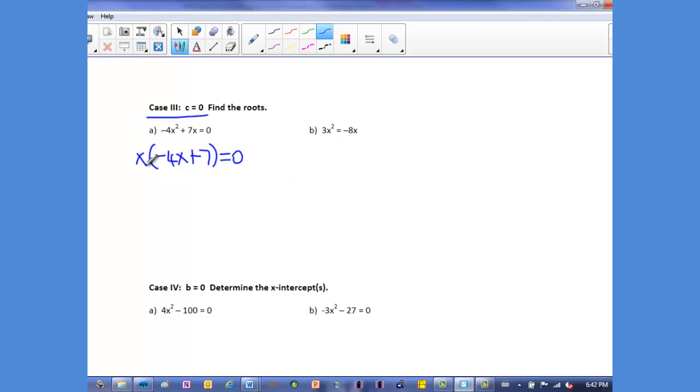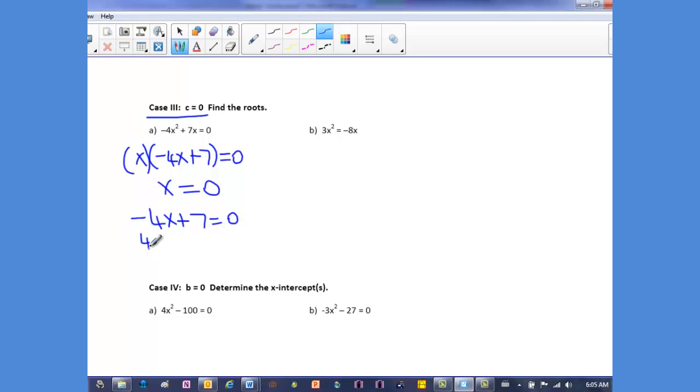Now you can go and set each bracket to a linear relation, and please imagine this x as being its own independent bracket. Let's see what we get. So x would equal 0, or the other linear equation that we can create is negative 4x plus 7 equal 0.